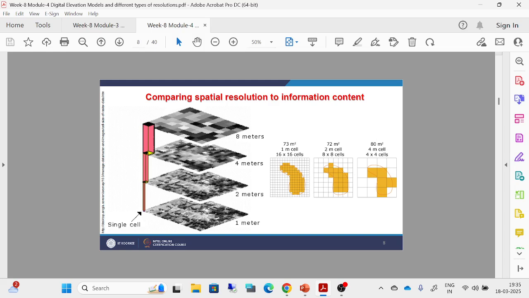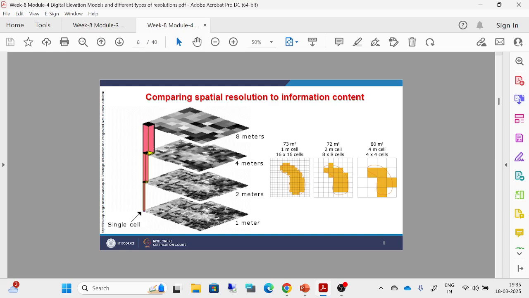When the cell is very small, then you have higher spatial resolution. And when the cell size is larger, like here, the 8-meter one, you have coarser spatial resolution. You don't see much detail here. But as you go to 1 meter, you see more detail. 1 meter resolution means it's taking every piece of information at a 1 meter scale.